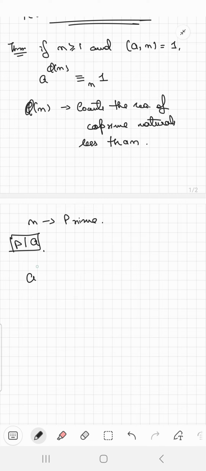Moreover, a to the power p minus 1 is congruent to 1 modulo p. That's what Fermat's little theorem says. So what I'm trying to explain is a simple proof of Euler's generalization using group theory.